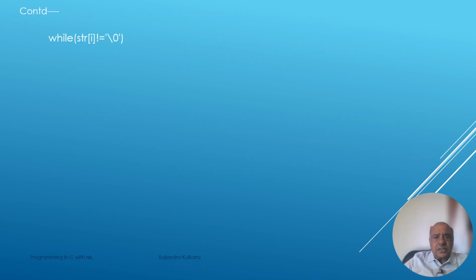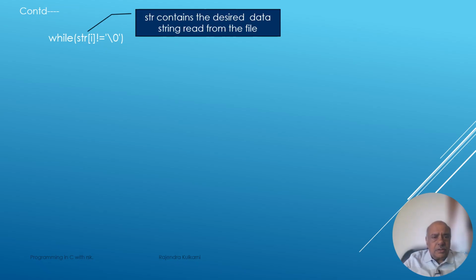Now what str contains is the whole line, which is in text form. By employing while str not equal to \0, we are running the loop over str with i as its subscript, which will change continuously by our program in the while loop.